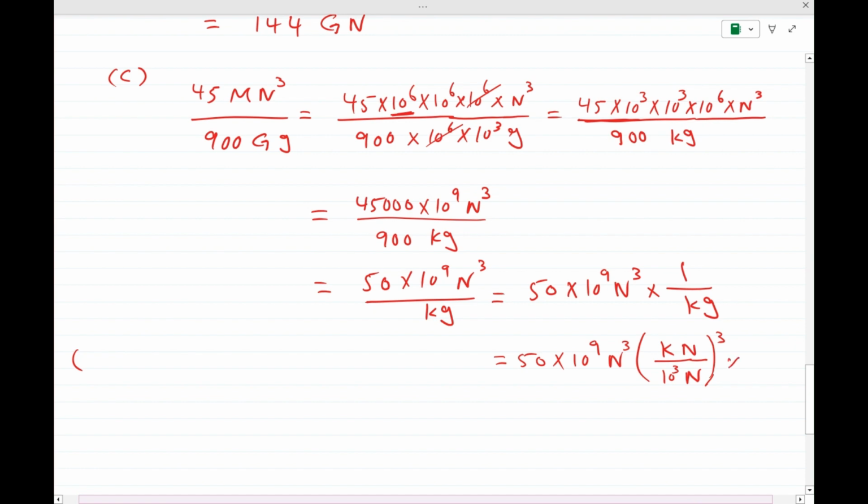This of course is all times 1 over kilogram. After we simplify, 10 to the power 9 newton cubed will cancel with 10 to the power 9 newton cubed, because all of this is cubed, and I will be left with 50 kilonewton cubed, of course, times 1 over kilogram, or per kilogram.